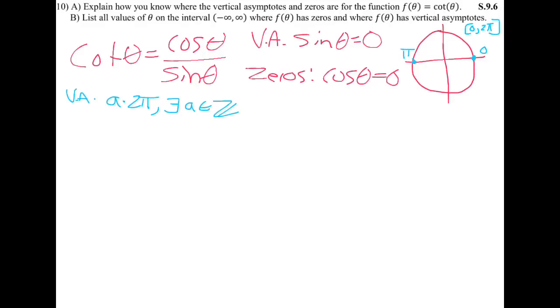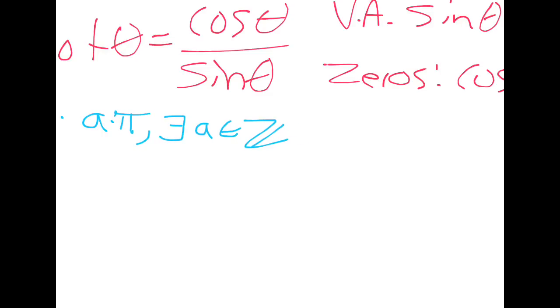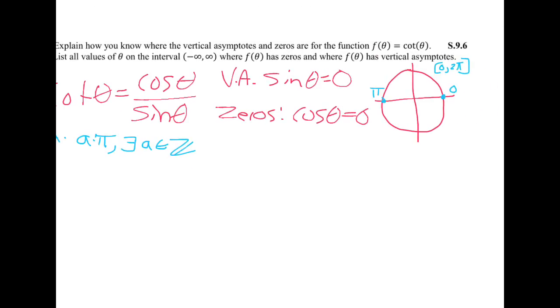Now, what does this mean? This means that all multiples of 2 pi, I goofed this up. That should actually say multiples of pi. Think about why that is. We're saying that any multiple of pi will give us a sine value of 0. Does that make sense? Sure. If a was 2, we'd get 2 pi.